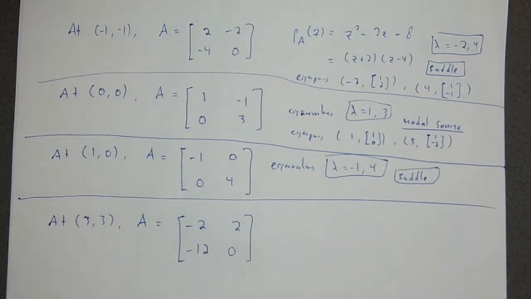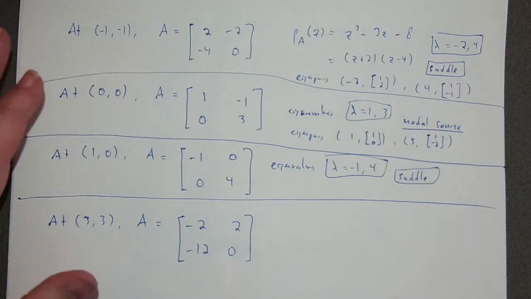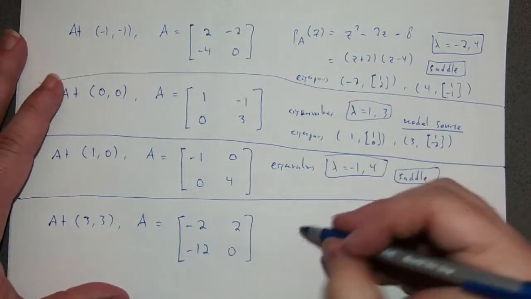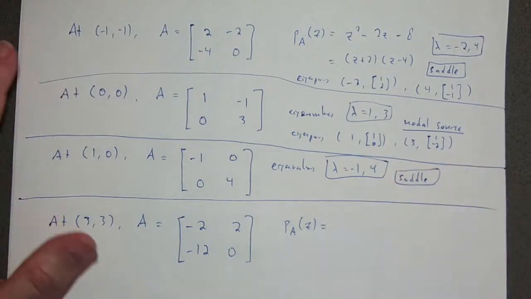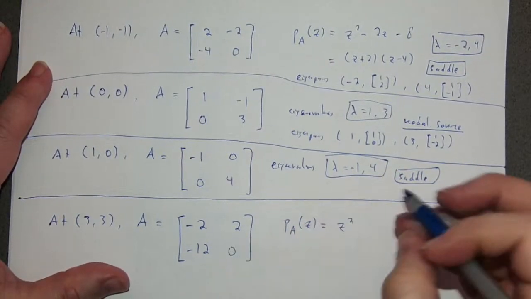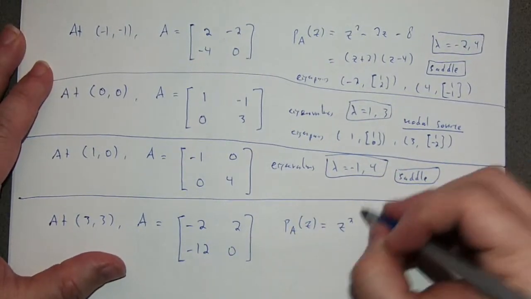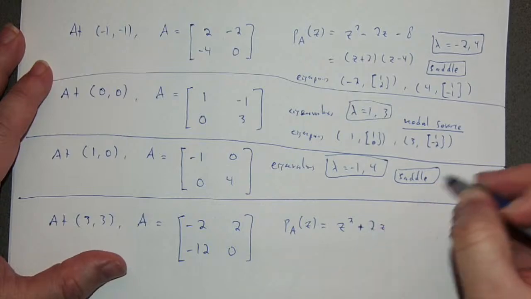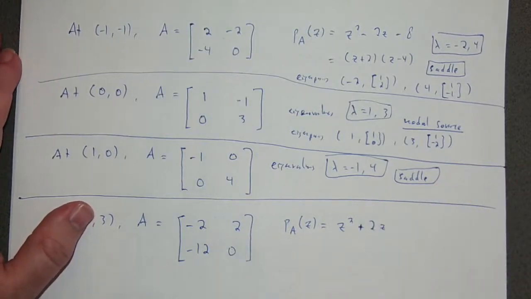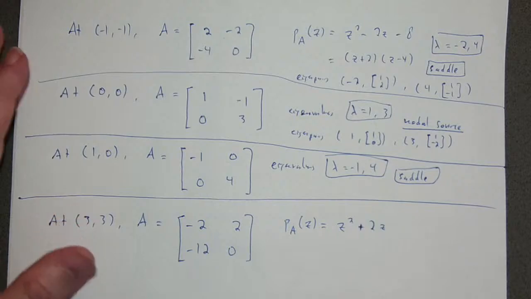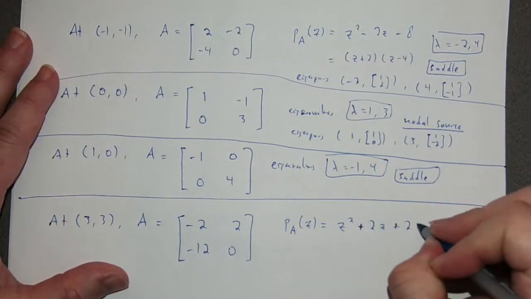All right. And at 3, 3, what do I get? Well, here, what's my characteristic polynomial? This is z squared minus trace, so that's minus minus 2, so that's plus 2z, plus determinant, which is 0 minus minus 24, so this is plus 24.